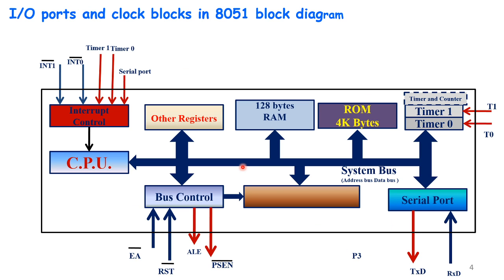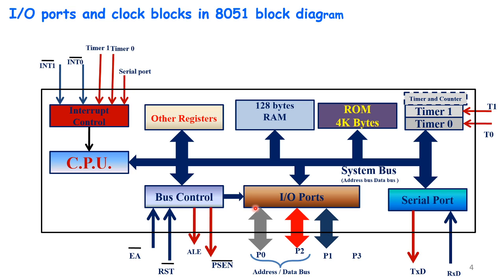Input output port and clock blocks in the 8051 block diagram. So here there is an input output port block where the 4 different ports are attached. That is P0, and this one is P2. Combined, these two give us the address bus and data bus. So address bus is 16-bit, data bus is 8-bit, and that is given by port 0 and port 2.